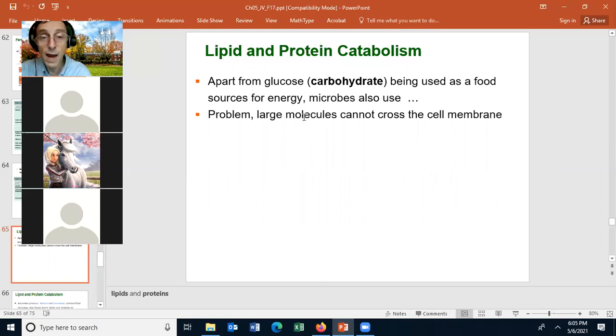There is a problem in that large molecules like protein or even a lipid cannot cross the cell membrane.